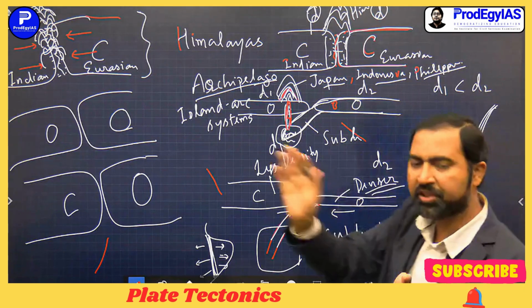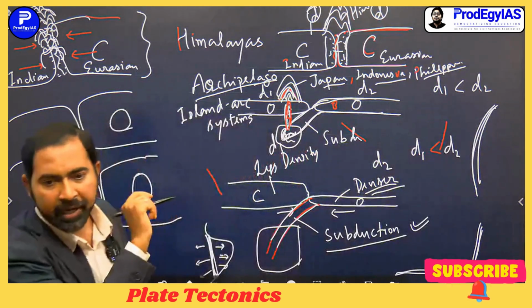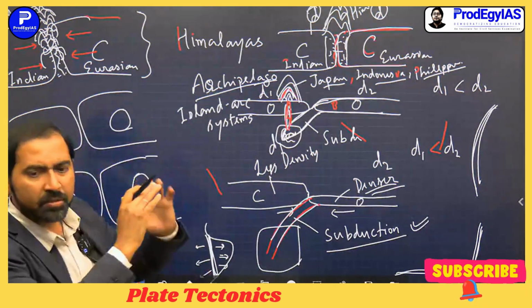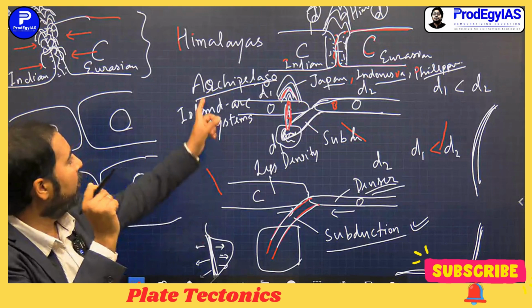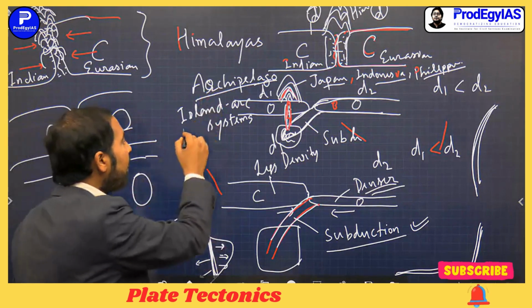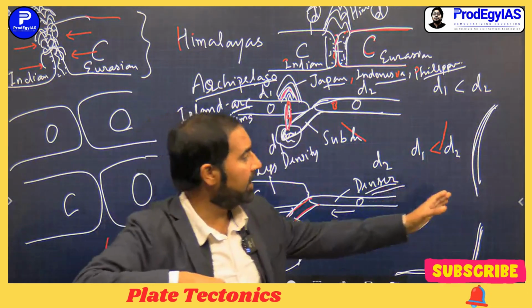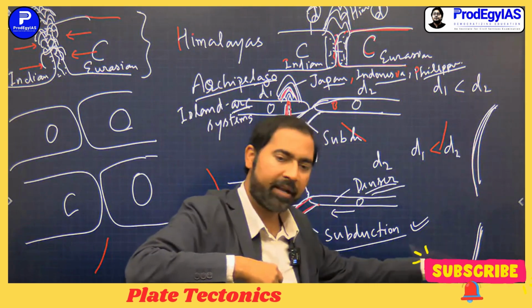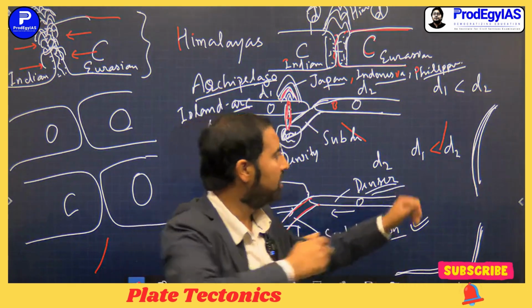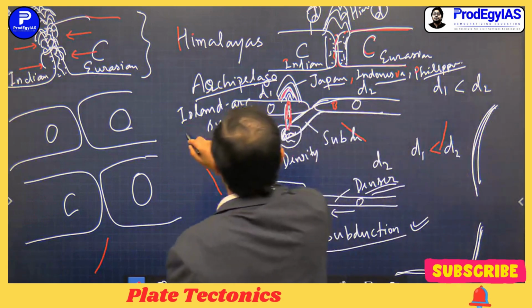Arc means a particular shape of arrangement of the islands. Archipelago means group of islands, and they are arranged in an arc manner like this. You can see all the Japanese islands arranged in this manner, the Philippines, and Indonesia. So this arc is also called the island arc system.